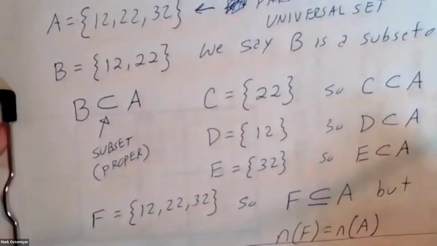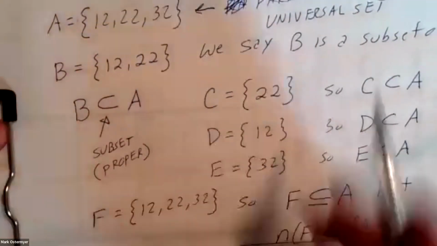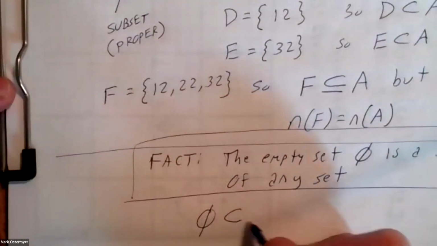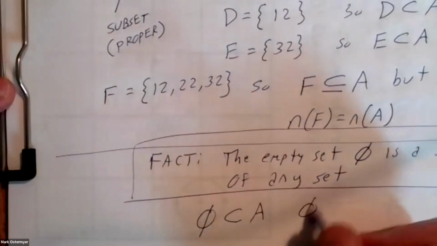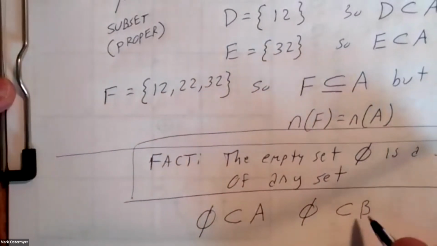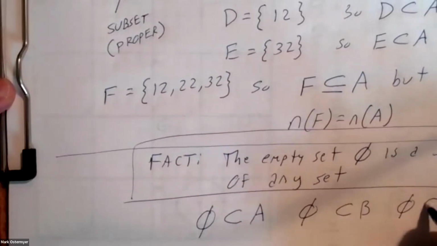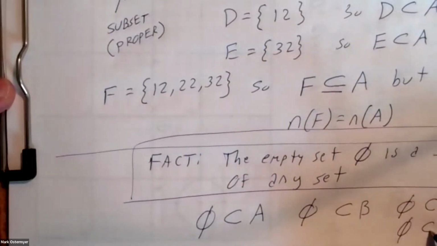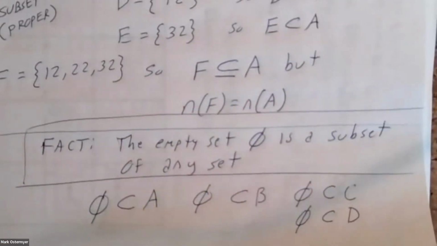So the empty set would be a subset of set A. The empty set would be a subset of set B. The empty set would be a subset of set C. The empty set would be a subset of set D. The empty set is a subset of any set. Okay.